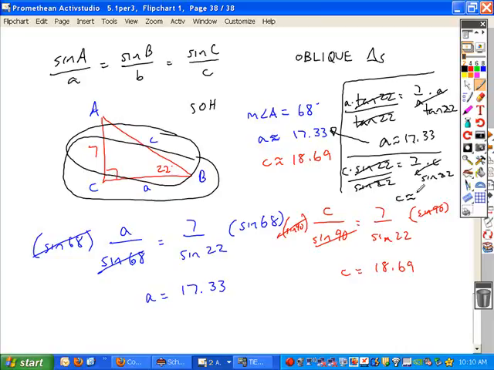And we get c is equal to, and here it's going to give you the same calculation, 7 divided by sine of 22, so we're going to get 18.69 once again.